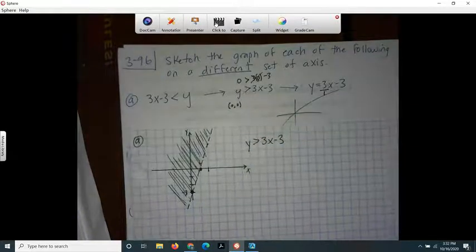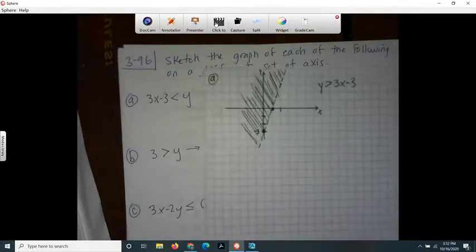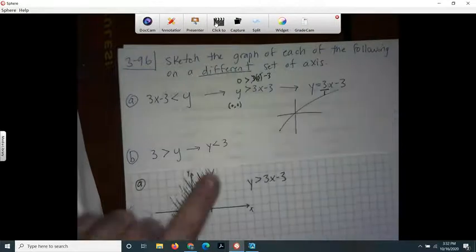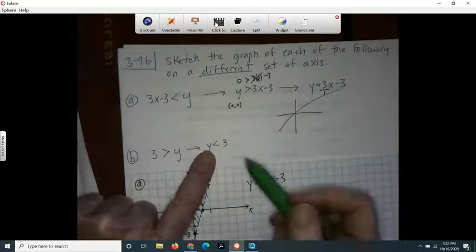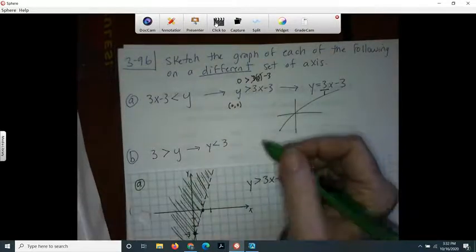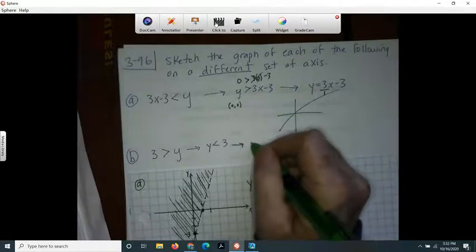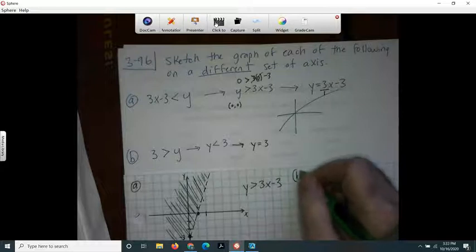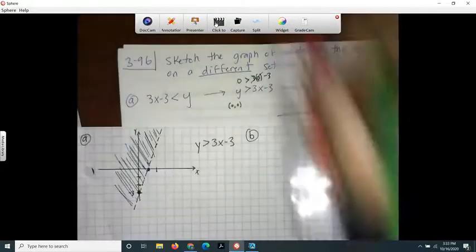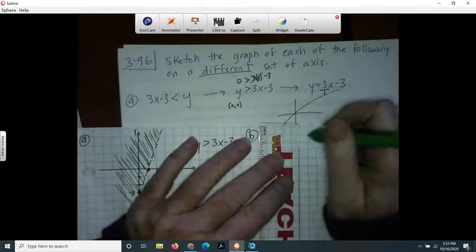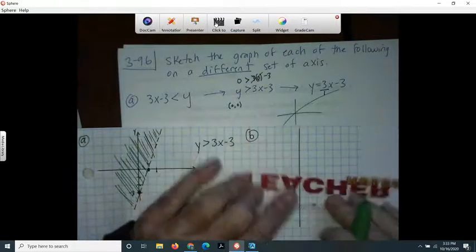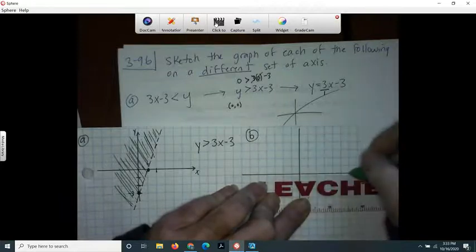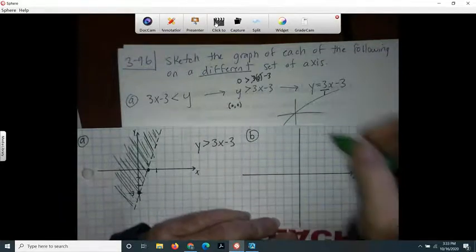Okay, letter B. Letter B is 3 is greater than y, but I just changed it into y equals form. So basically, I want to graph y equals 3. Maybe I'll do it right here. Here's letter B. I didn't really need to make my graph this big, but I guess I did.